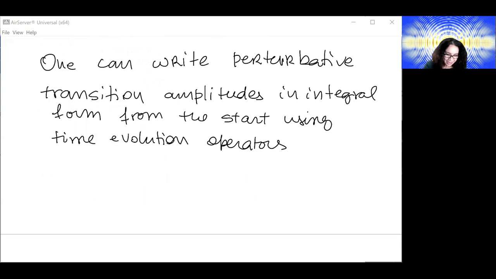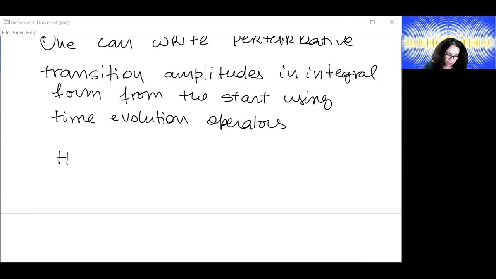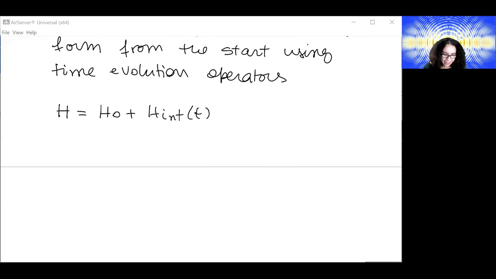So let's say, and I'm going to exemplify this a bit here because I think it's an important point. Let's say you have H, which I'm not going to put any lambda on now, H naught plus H int(t), okay? And I have then that U(t, t dash) is associated with the whole Hamiltonian.